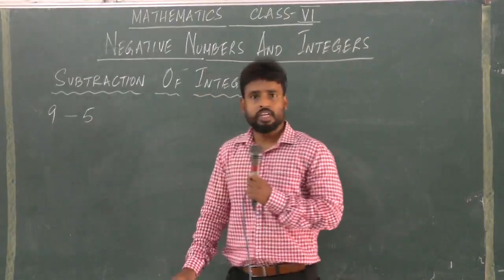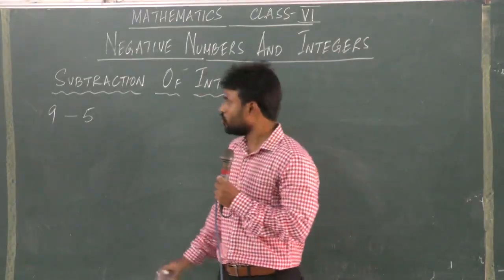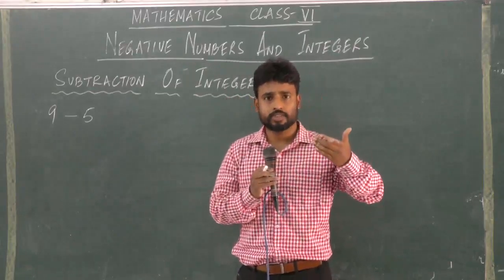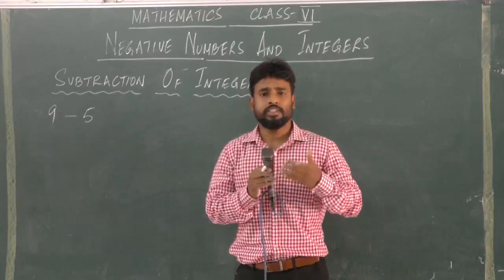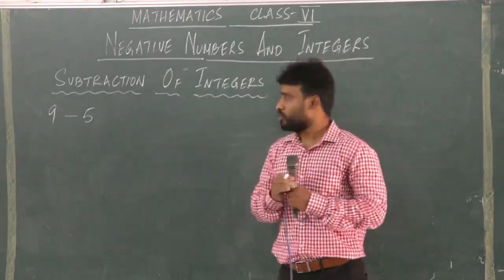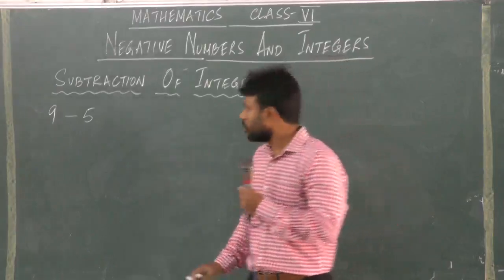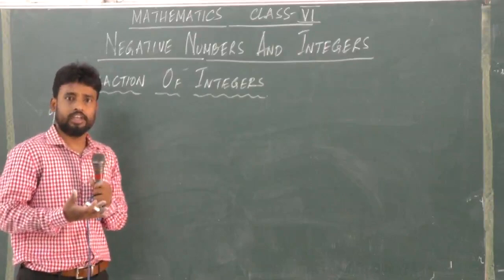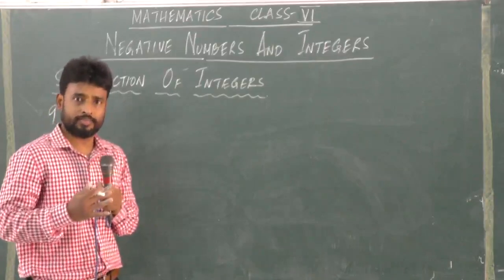So 5 is a positive number. We want to subtract it from 9. Now we know that subtraction is the opposite of addition. So therefore, in order to subtract 5 from 9, we will add minus 5 to 9.